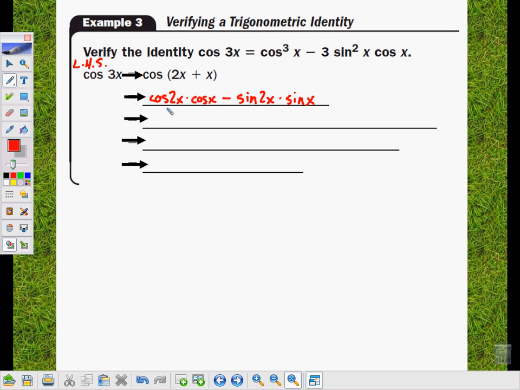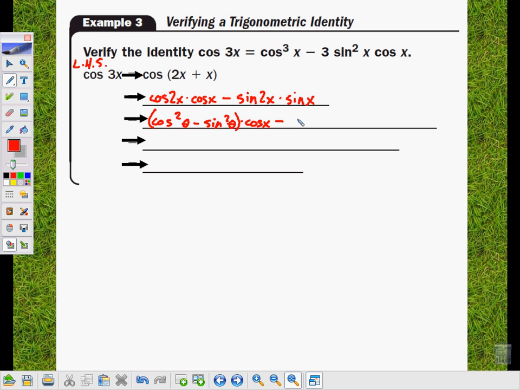So I'm just going to go ahead and choose one of the formats for this. Let's go with cosine squared theta minus sine squared theta, the first one I gave you. So that's just for the cosine 2x times cosine x, minus sine 2x.